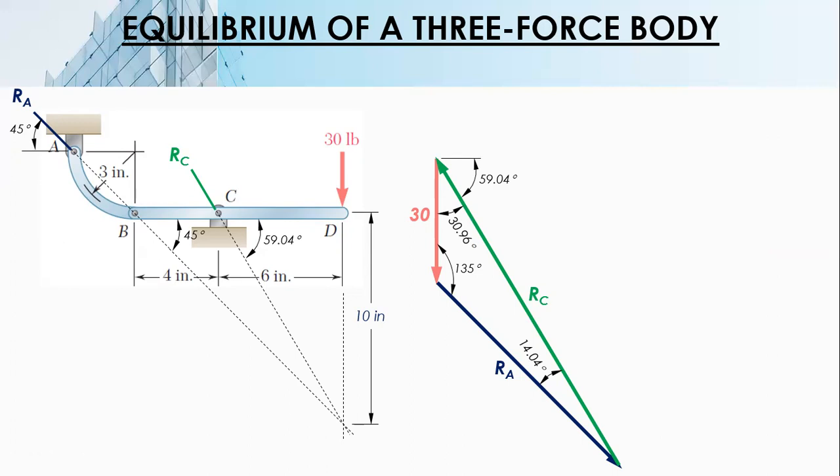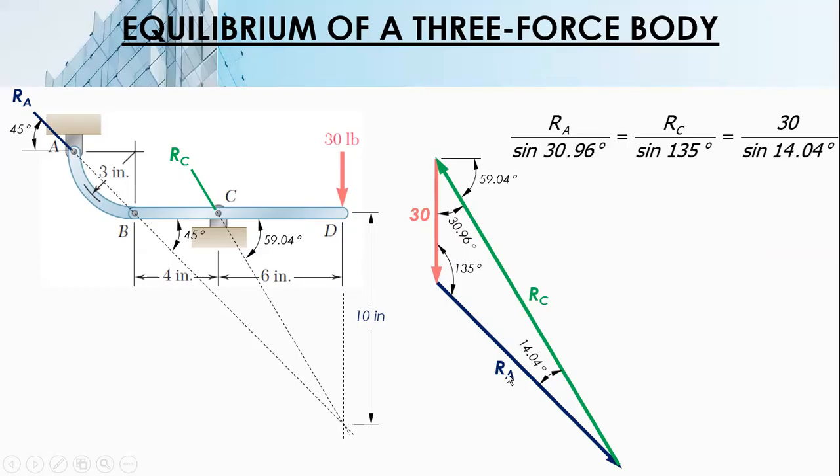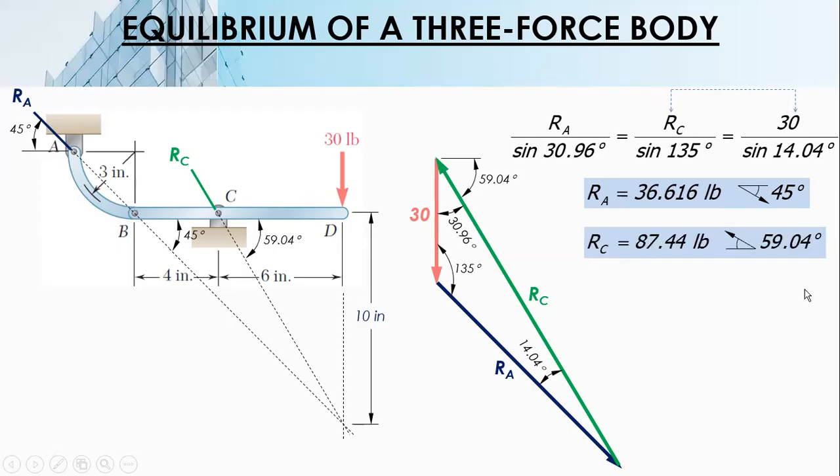That's it. Complete na, no? Sine law na yun. RA over sine 30.96, RC over sine 135, 30 over sine 14.04. Combine RA and 30, you have RA, and then you combine RC and 30, you also have RC. Inana lang. Right?